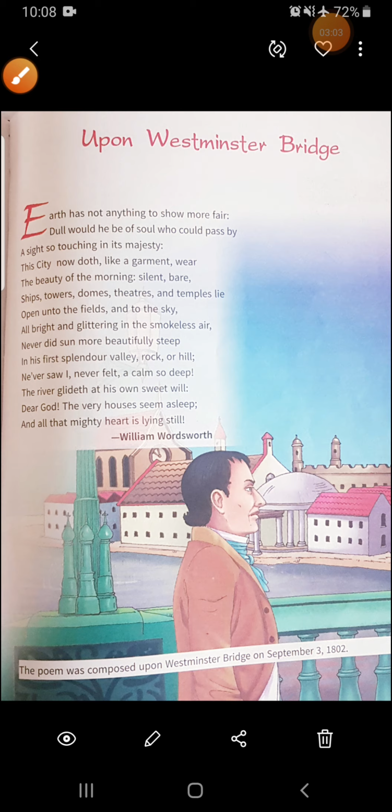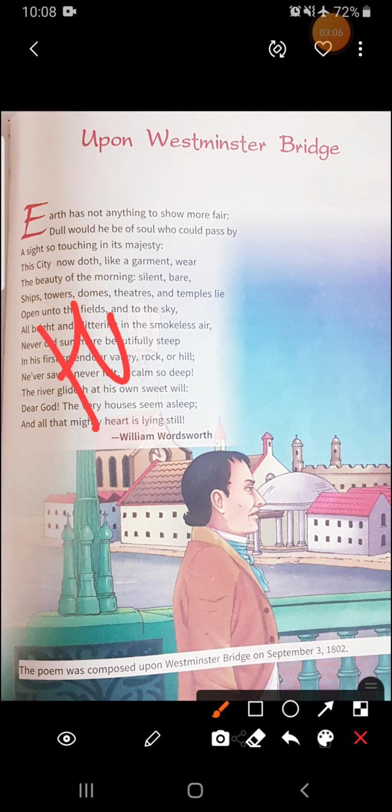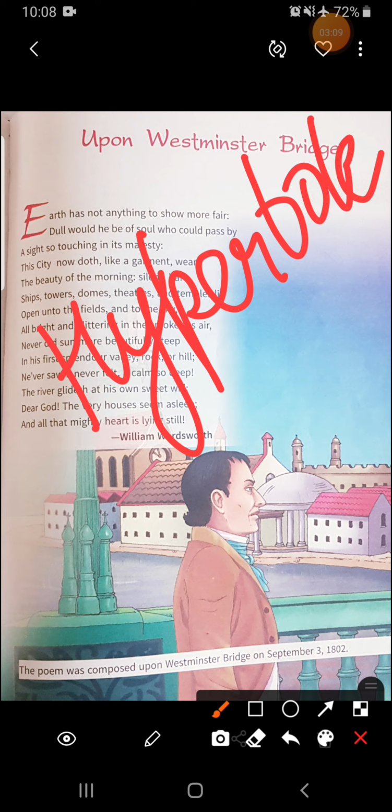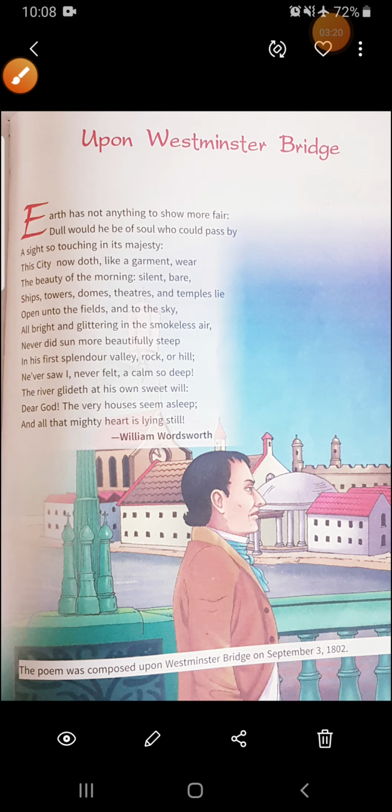Then the next thing that we have is hyperbole. It means exaggerating a statement for the sake of emphasis. We are stretching it out, saying something in exaggeration so that there is emphasis on those things.